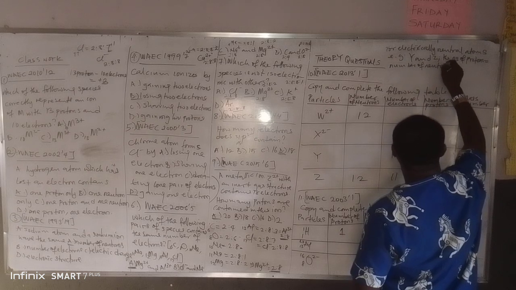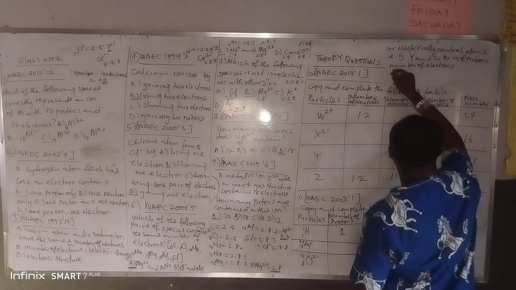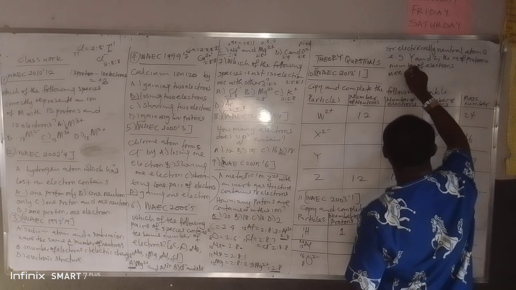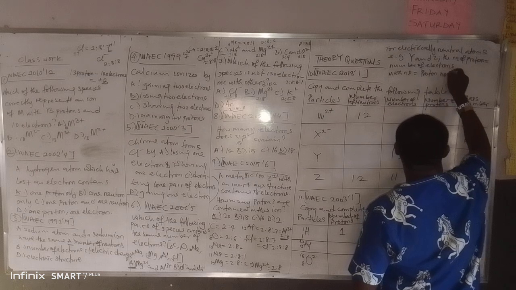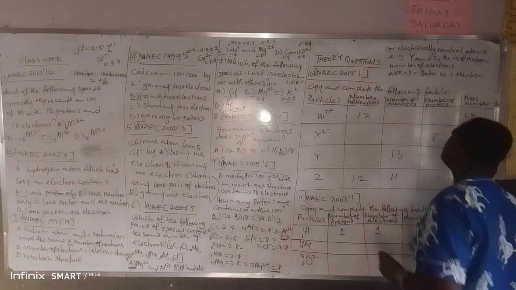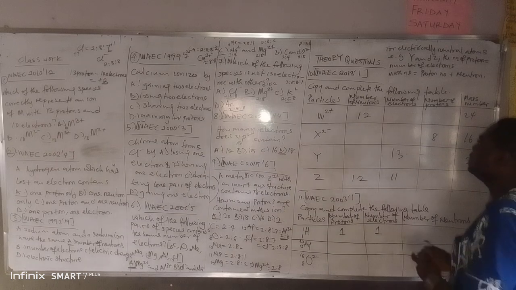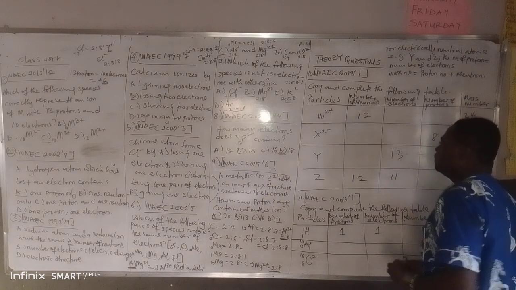Take note of that. Then what else do you need to know? Mass number is equal to proton number plus neutron number. So this information is very important. Now this is ion. Let's first deal with neutral.